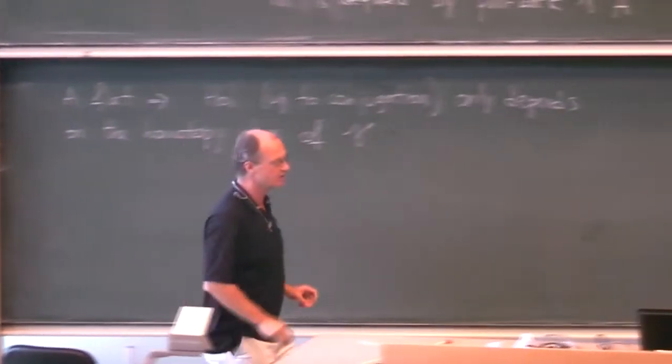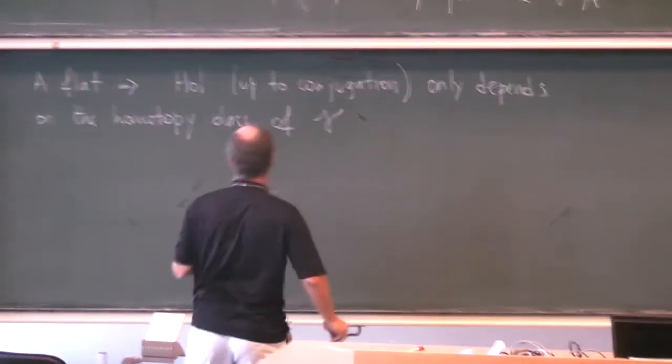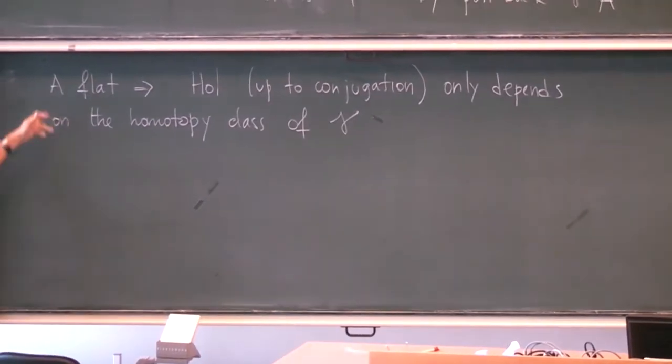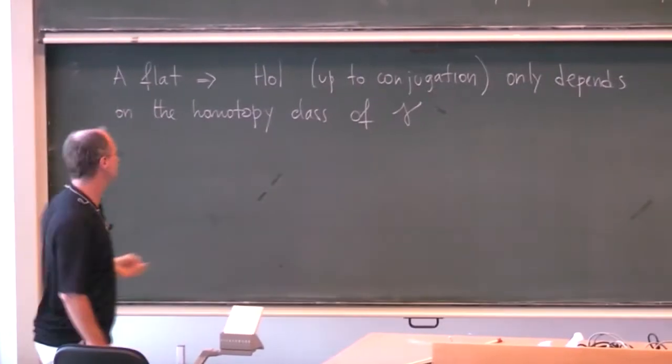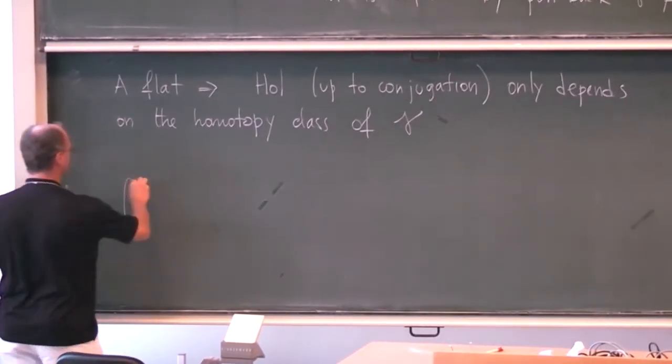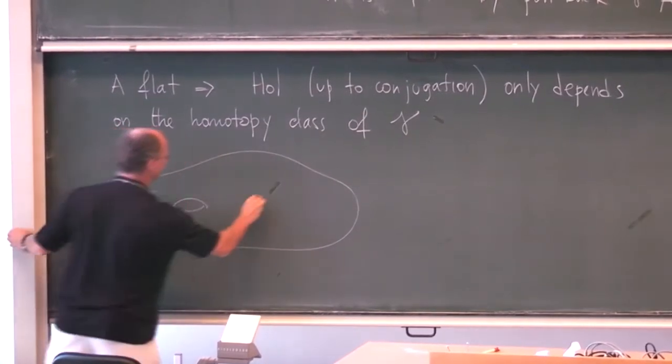Okay, so let me recall this story with the Goldman bracket. To holonomies we were assigning some functions, in fact, by using representations and traces, but at this point perhaps it is not that important.